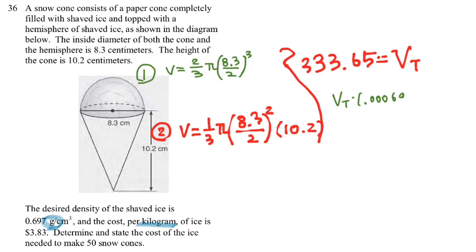Now, we multiply that by 0.000697, which is the density, and then multiply that by 3.83 in terms of the weight, and multiply that by 50 because we have to make 50 snow cones. Then we get to realize that the answer is 4453. That becomes our final answer.